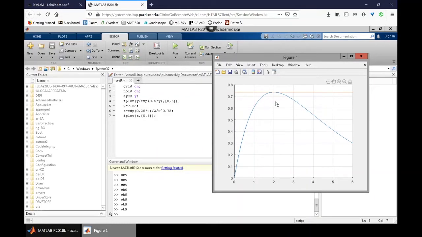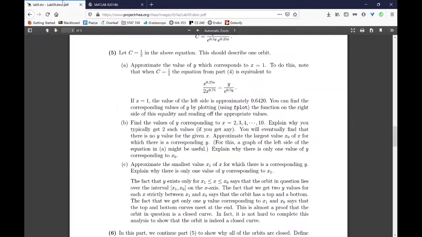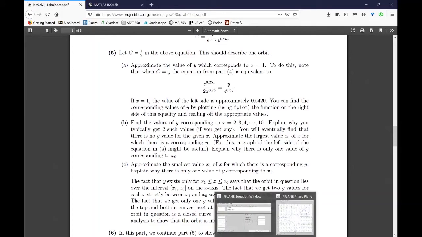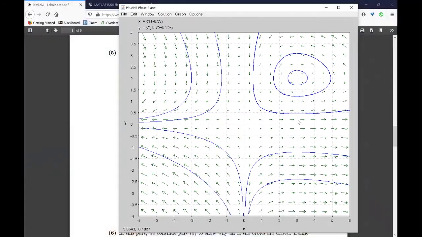Now, why is this so, right? Question B also asks you why you typically get two such values. Well, remember, if we go back into B-plane, we can see that for some values of x here, we have two values of y, and maybe I don't have the exact value c equals 1/2 plotted here, but we can see that we do have a maximum here where there's only one y for any given x, and we also have a minimum x here for which there is no given y.